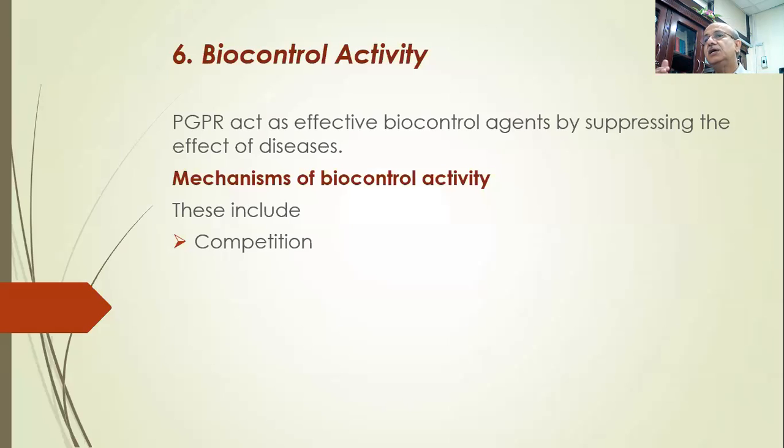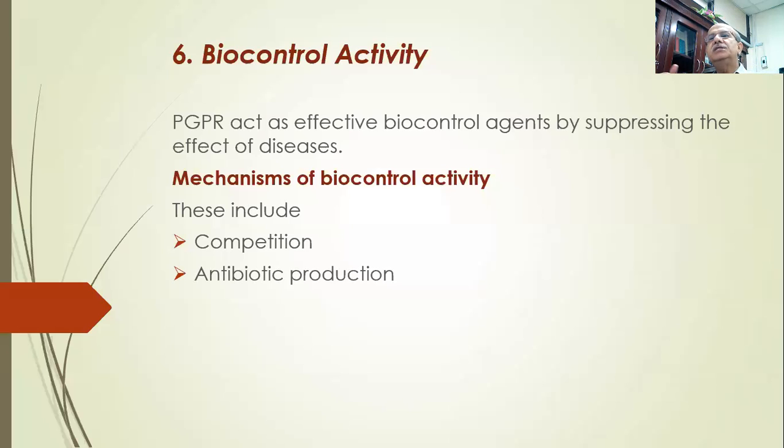The pathogens have to compete with the PGPR for the resources available there. PGPR do not allow them to have those resources freely available. As a result, there are limited resources available for the pathogens, so the disease is controlled.